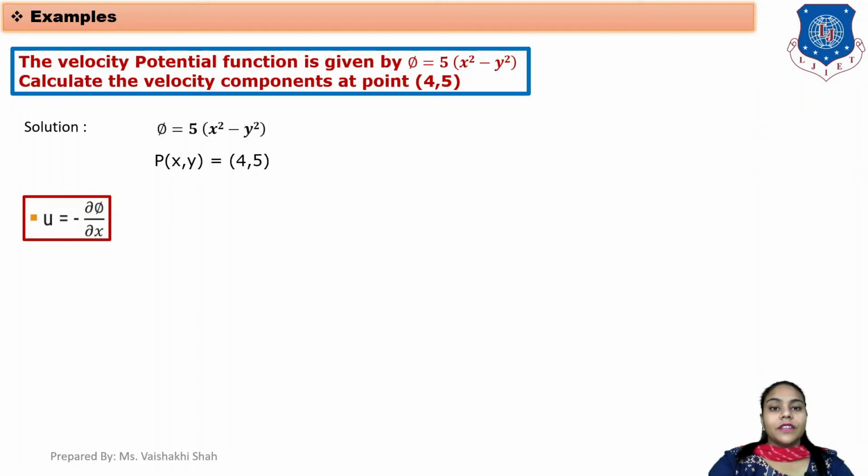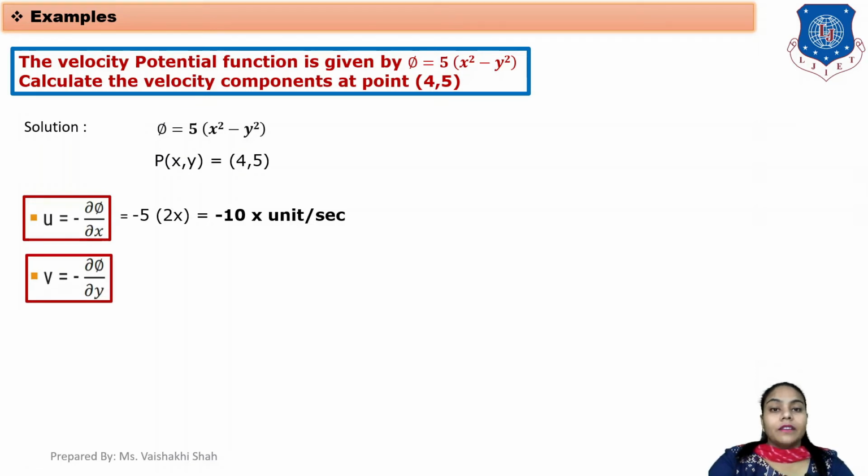Now, as we know the equation for u, that u equals to minus del phi by del x. So, differentiating with respect to x, you get minus 5 into 2x, that is minus 10x. Now, here u is a velocity component and its unit is unit per second. Remember that unit is unit per second.